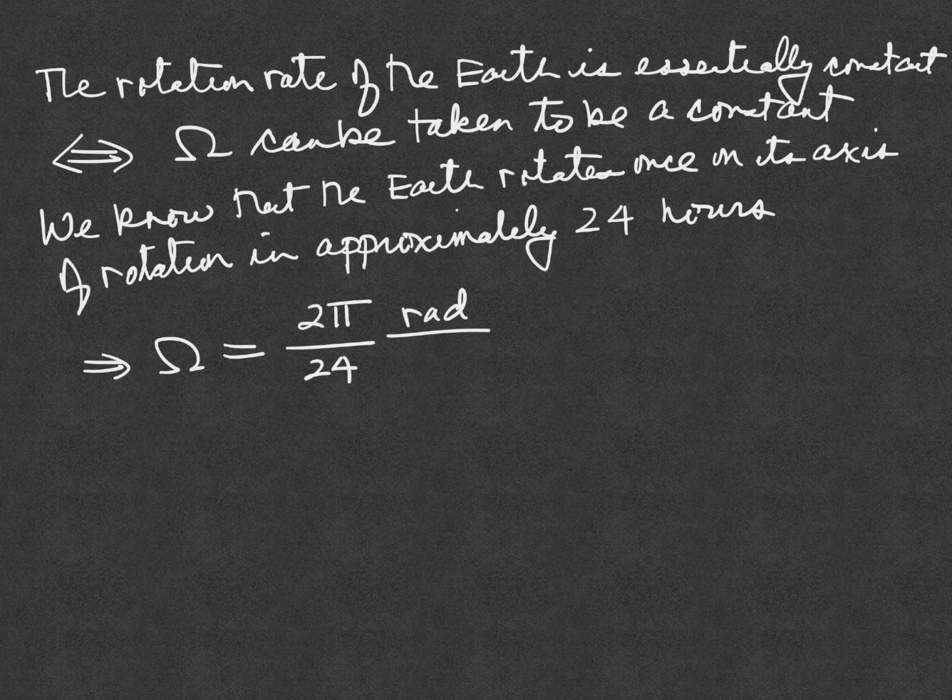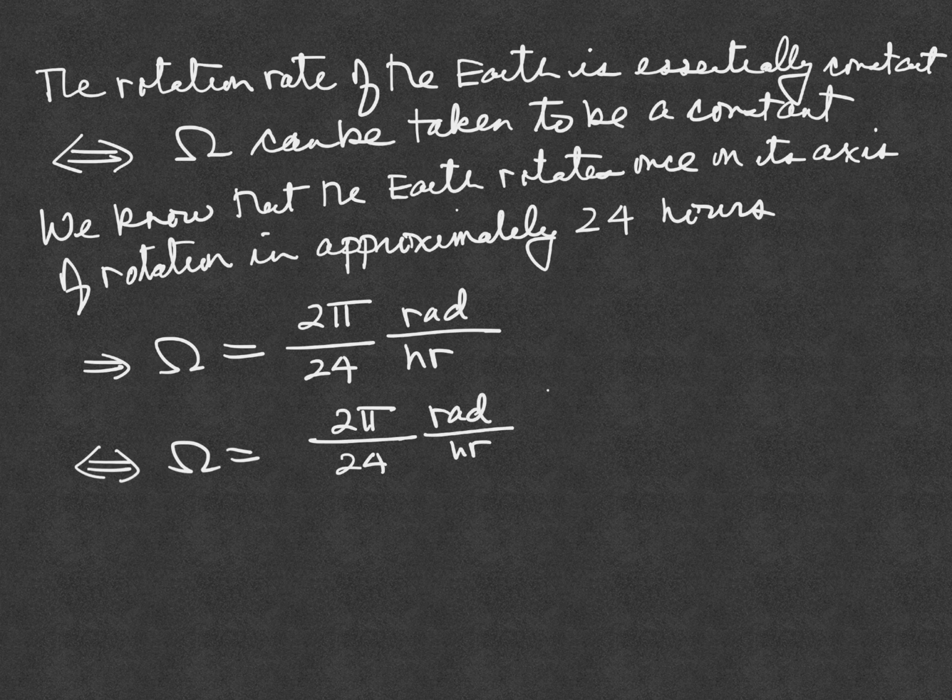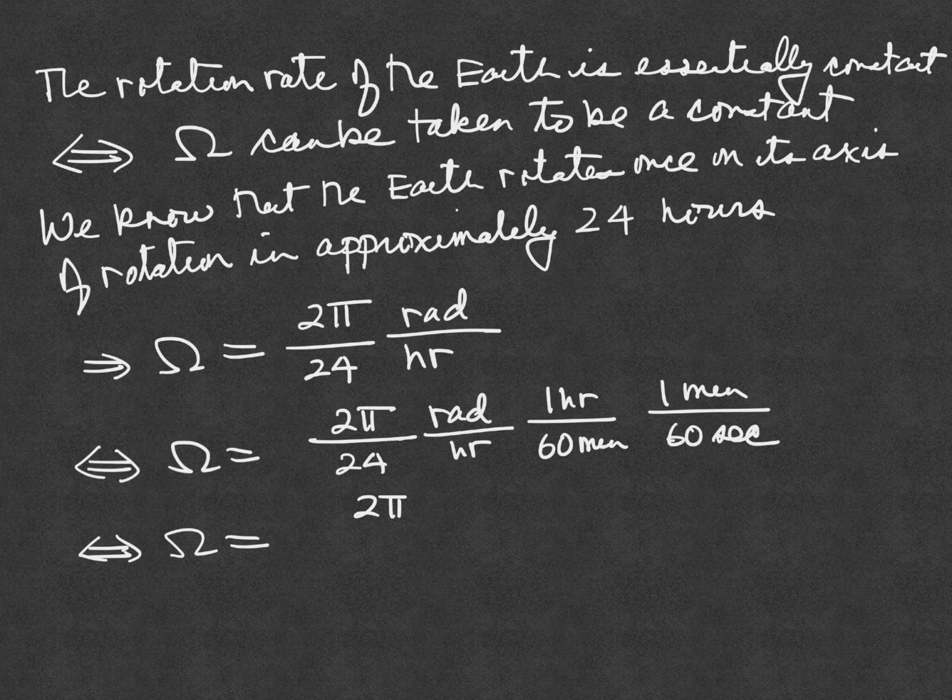So that's radians per hour. But we don't want this in radians per hour. We normally work in MKS or SI units. So that's equivalent to saying that omega is equal to 2 pi over 24 radians per hour times 1 hour in 60 minutes times 1 minute in 60 seconds, which gives that omega is equal to 2 pi divided by 24 times 60 times 60 radians per second.